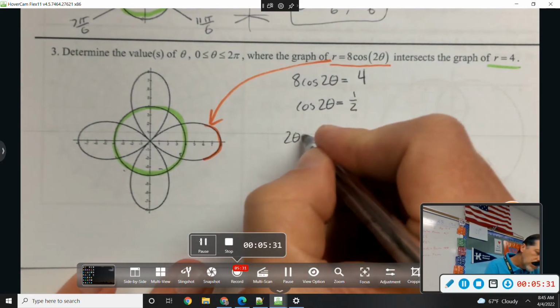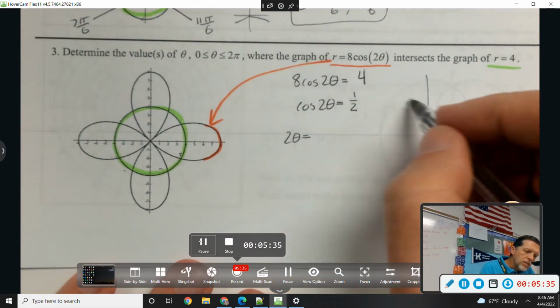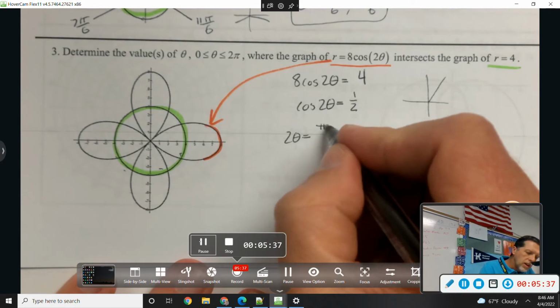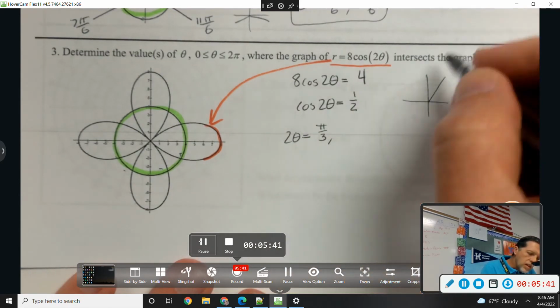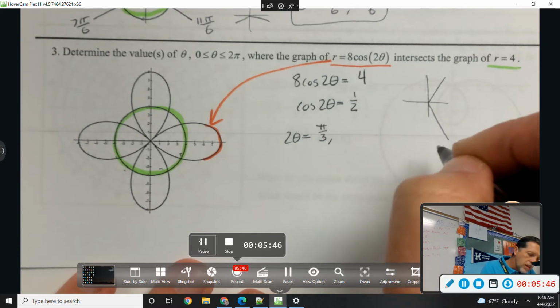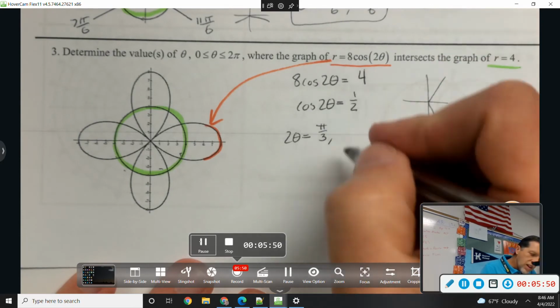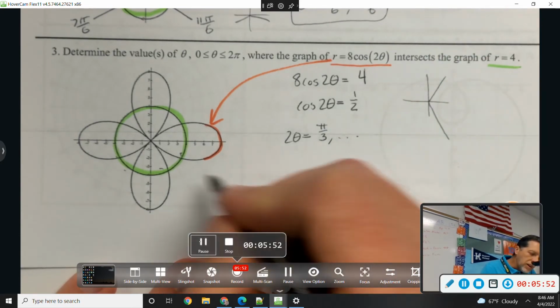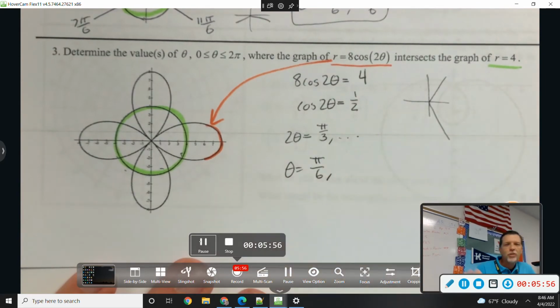So that means 2 theta needs to be, let's see, cosine's equal to 1/2 at pi over 3. Well, let's just stop there because I can figure it out. I can use the picture, right?